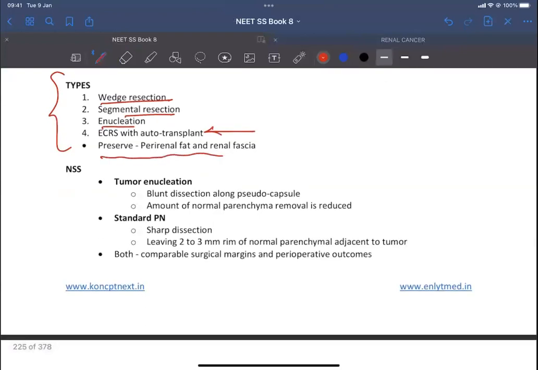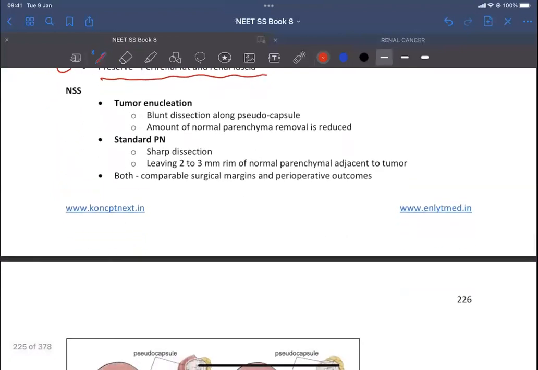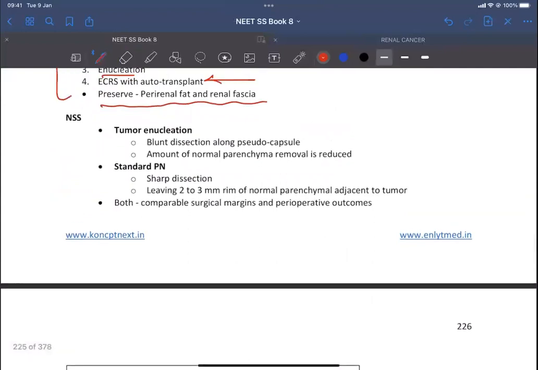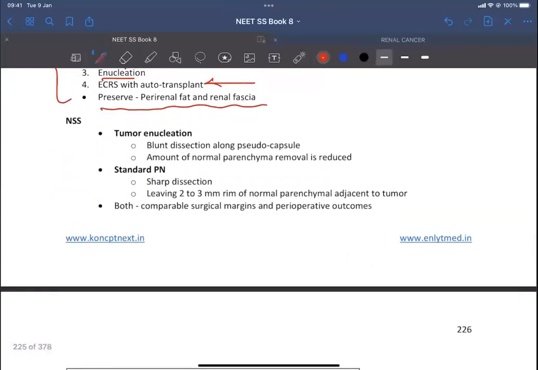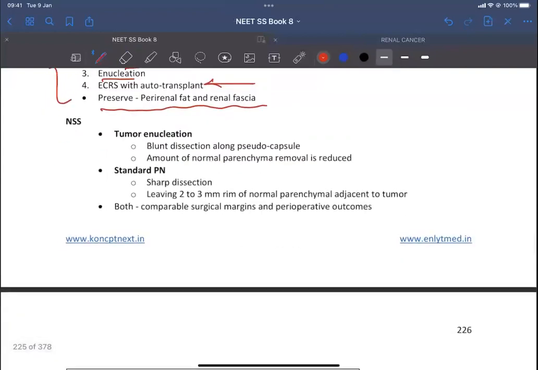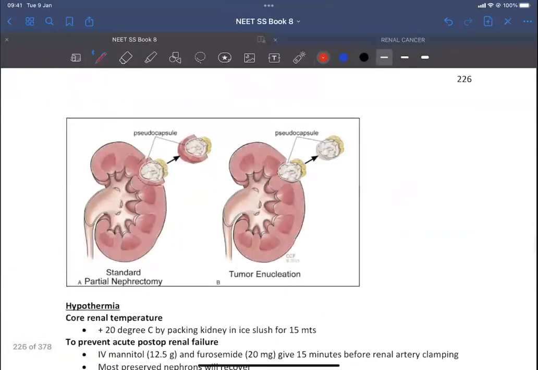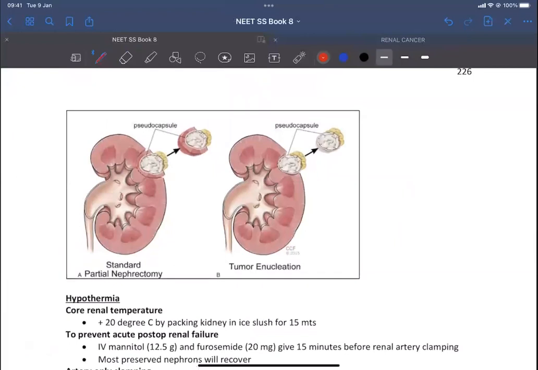What is important is you need to preserve the perirenal fat and renal fascia, which is then covered over to provide hemostasis and support for the tissues to heal. So that's what we say. That is enucleation.